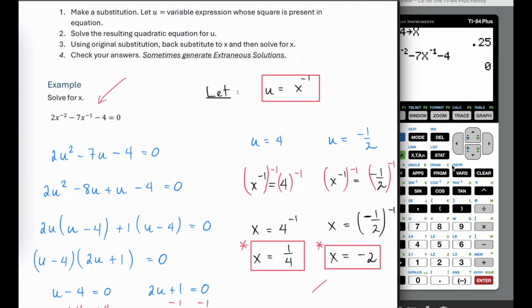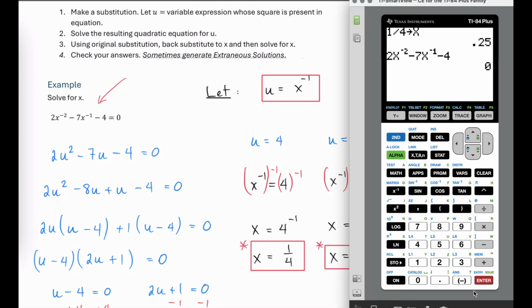The other solution was x is equal to negative 2, so we can do this again just by plugging negative 2 into x. So we come back to our calculator and say negative 2 store x, and then enter. And then again we can retype this equation, or we could just hit the arrow key and climb up a little bit to highlight the equation that we already plugged in.